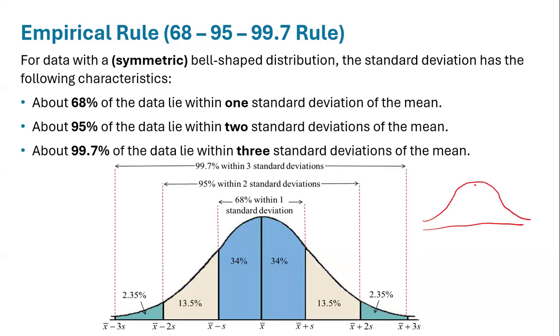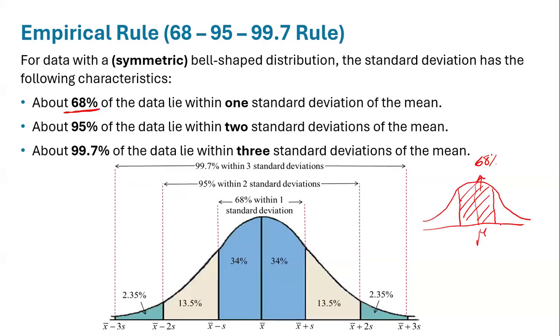In every bell-shaped curve, the mean is always in the center. It says about 68% of data lie within one standard deviation of the mean. That means one standard deviation to the right, one to the left, 68% of data are in this area.